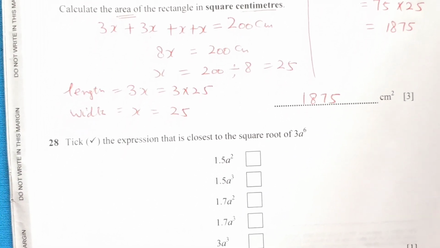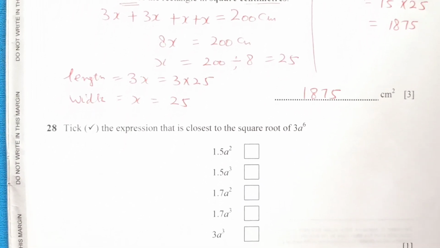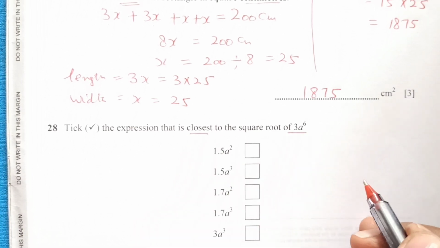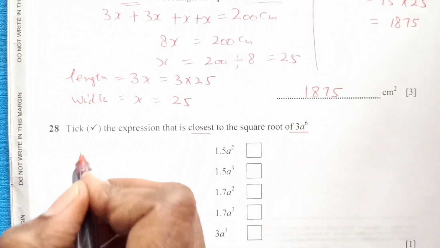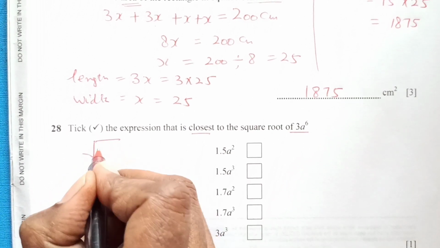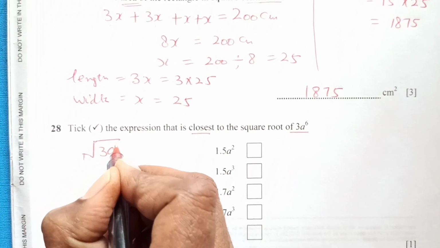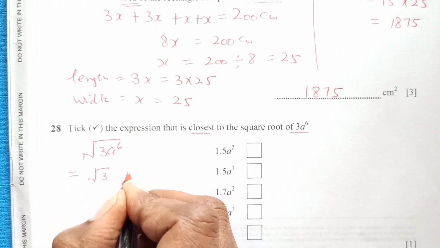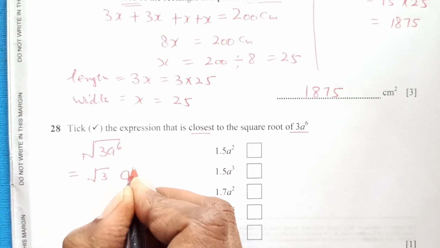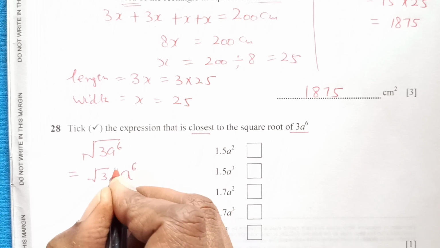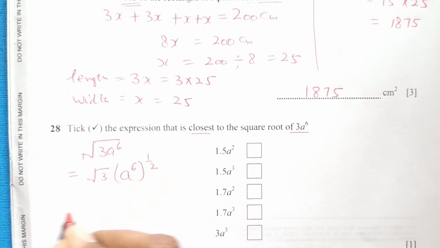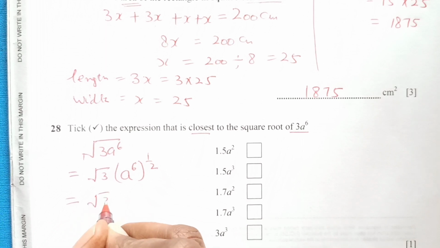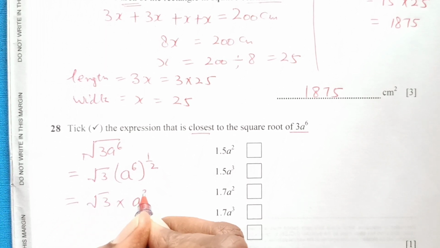Now take the expression that is closest to the square root of 3a to the power 6. So that will be the square root of 3 times a to the power 6, and square root is power 1 over 2 actually. So square root of 3 times a to the power 3.